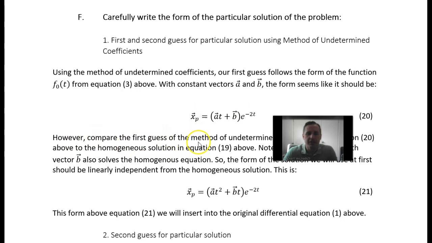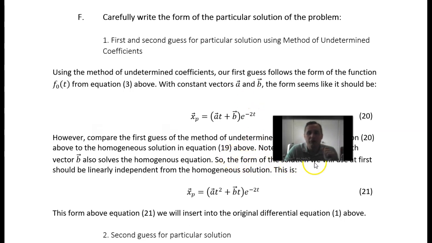However, compare the first guess in equation 20 to the above homogeneous solution in equation 19. Note that the first guess with vector b also solves the homogeneous equation. So think about this. If we have b vector e to the minus 2t, and it has the same coefficients as we see in the matrix above, then we're double counting, and the solution really isn't a particular solution because we're just getting the exact same solution.